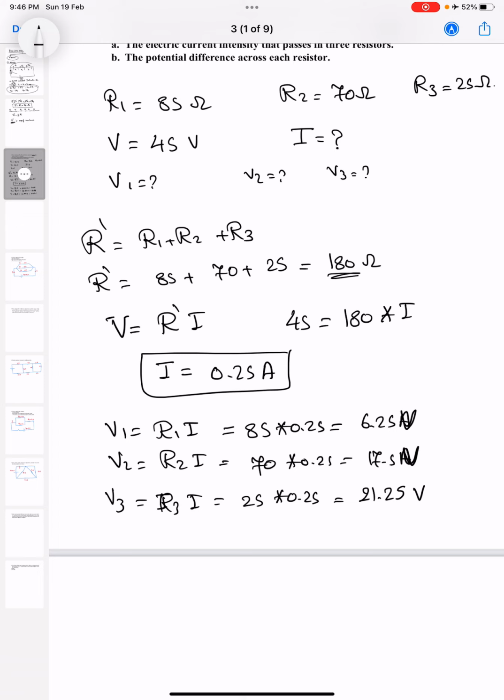Sorry. This is volt, not ampere. Potential is in volt. Okay, so good. Sorry for these values. The first one is 21.25 volt, this is 17.5 volt, this is 6.25 volt. I checked my calculator and got it.